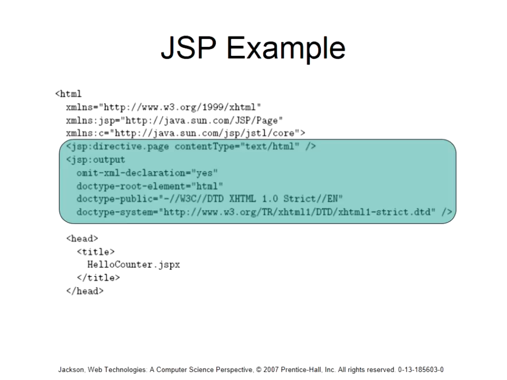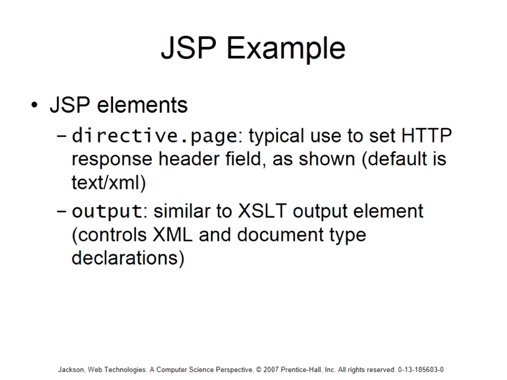So what's the meaning of GSP directive.page contentType text/html and GSP output omit XML declaration yes, doctype root element HTML, doctype public W3C, doctype system, etc.? The directive.page is typically used to set the HTTP response header.